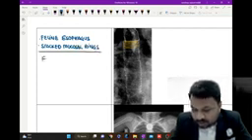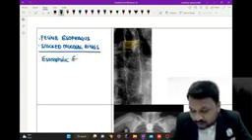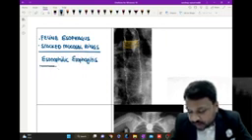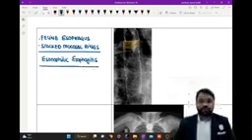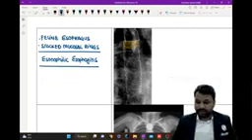These are seen in eosinophilic esophagitis.